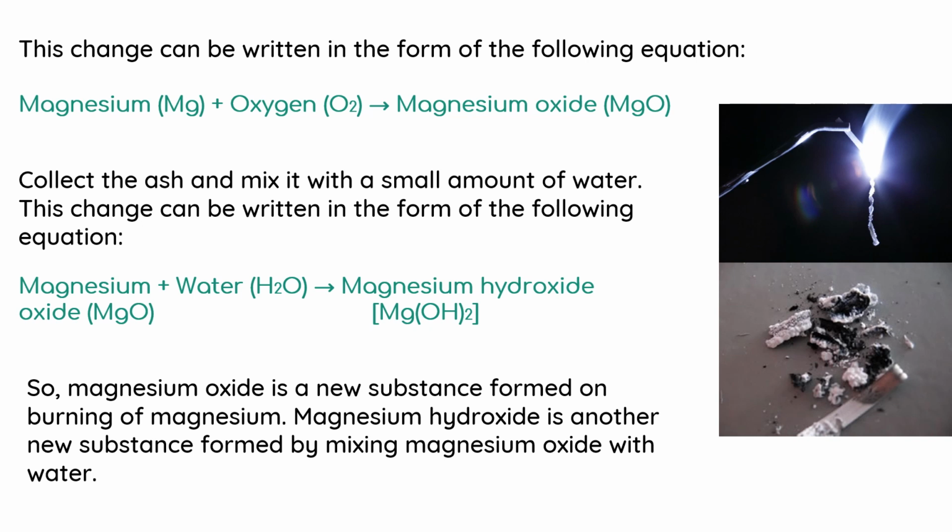One thing I also want to tell, which I have not included in this slide but is in your textbook, just listen. This magnesium hydroxide, when we test it with blue litmus paper or red litmus paper, what color change can you observe?